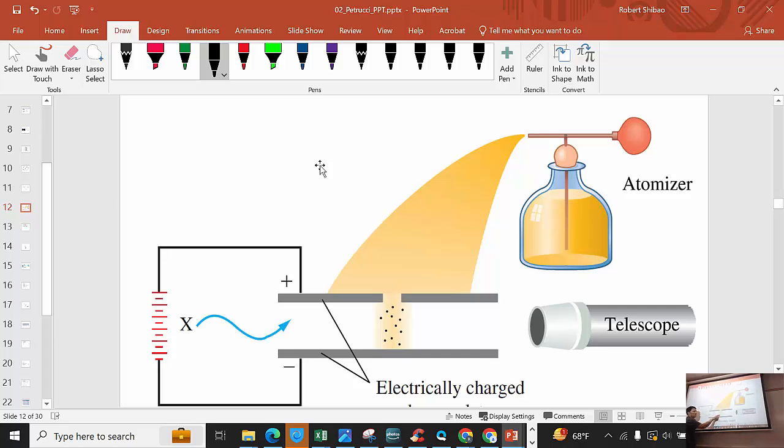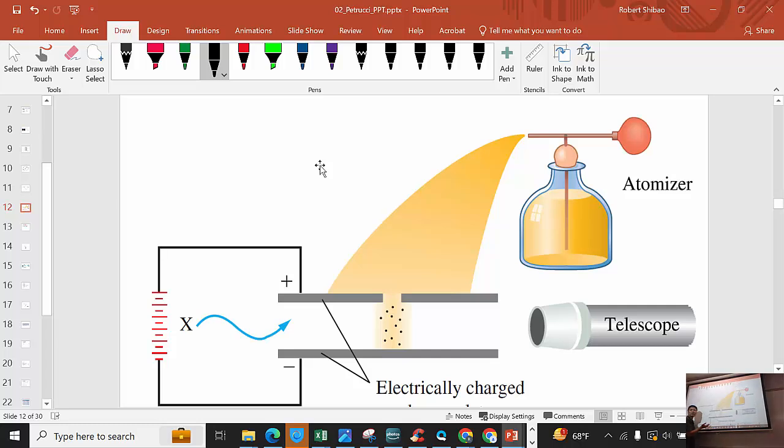And so if that happens, some of these will just stay stationary. That is, the gravitational force and the electrical force cancel one another out, and so they're just suspended in space. And others will just drop, but they'll drop slower, and others will drop naturally because they don't pick up any electrons.